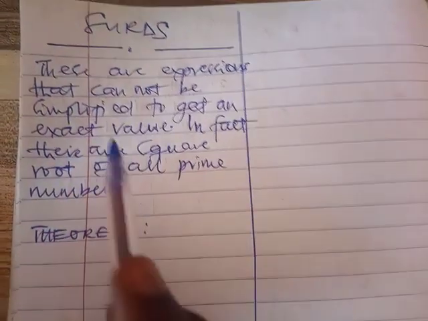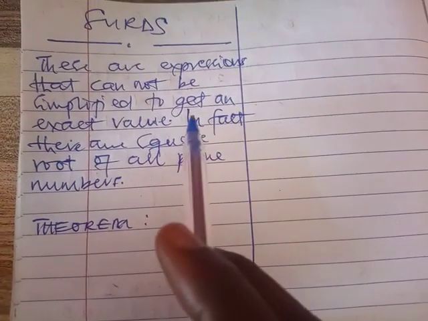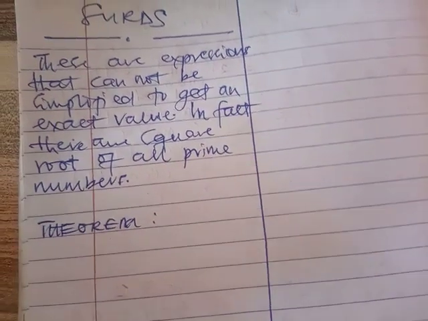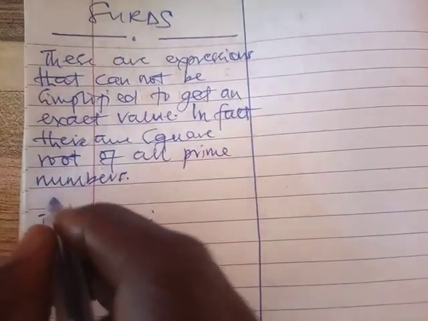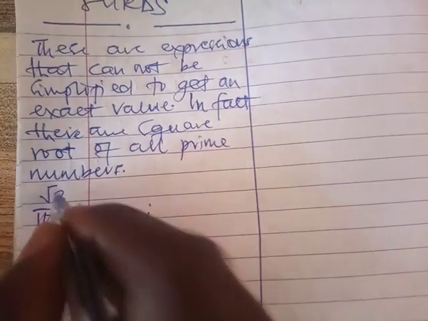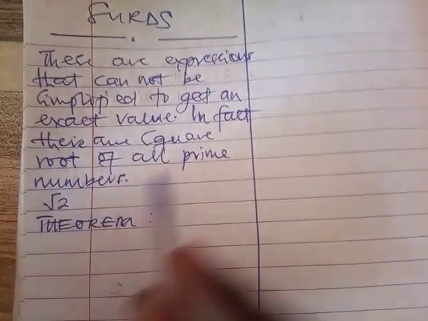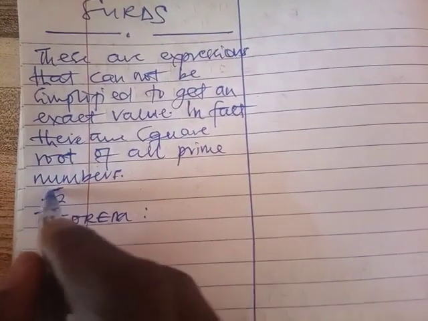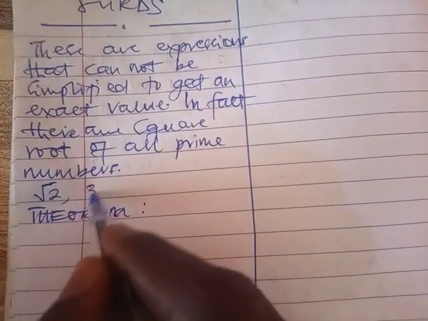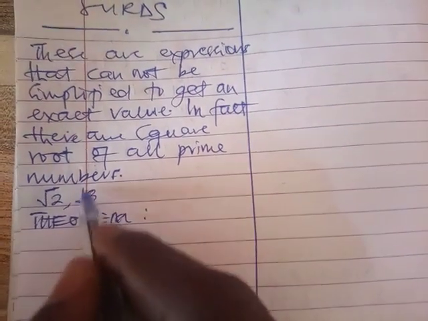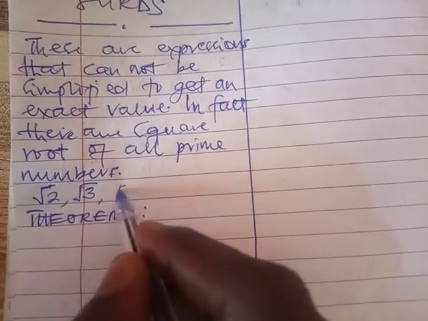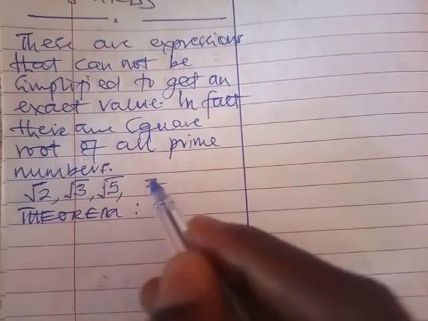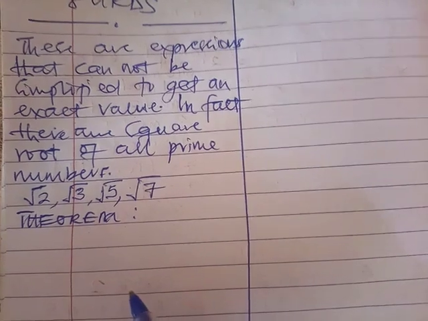We call surds an expression that cannot be written or simplified to get an exact value. So most of the time we say that if I have root of 2, it is a surd, just because we are saying that surds are roots of all prime numbers. 2 is a prime number, 3 is a prime number, so root of 3 is a surd. 5 is a prime number, so root of 5 is a surd. 7 is a prime number, so root of 7 is a surd.